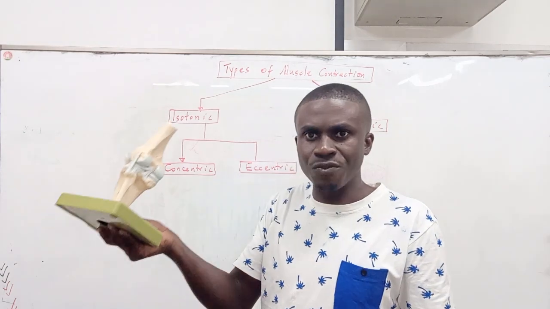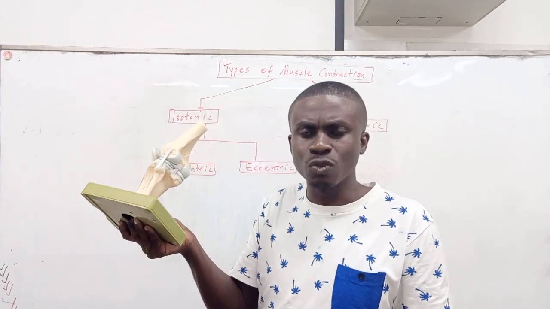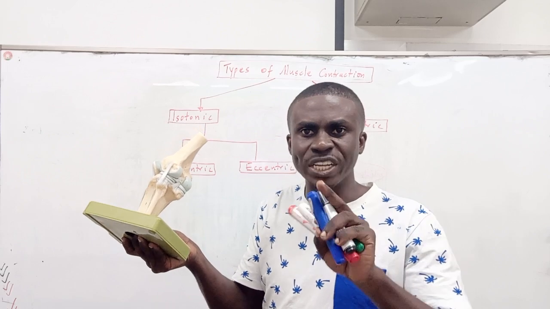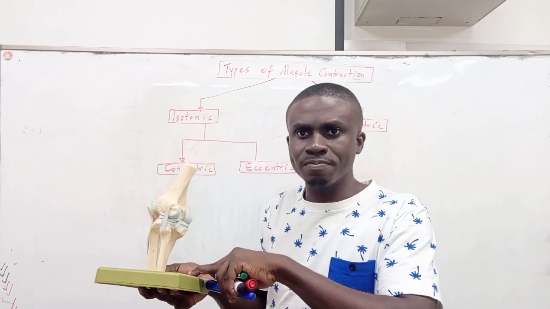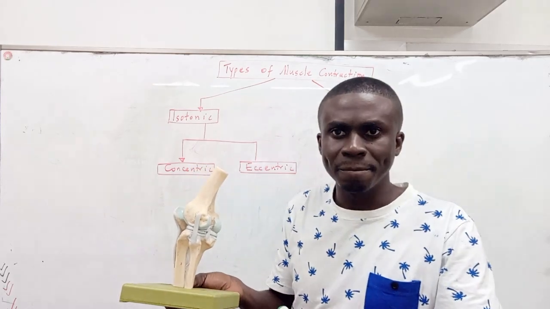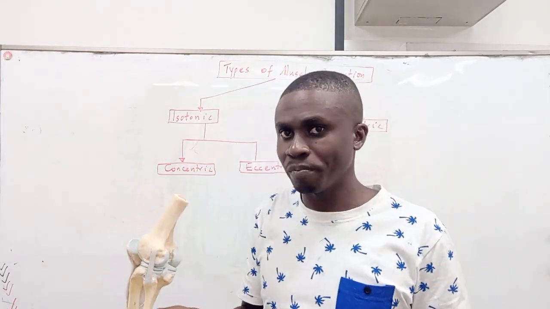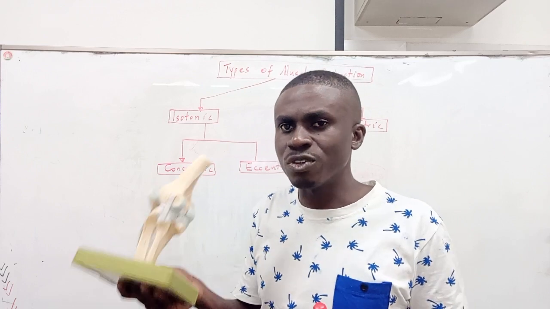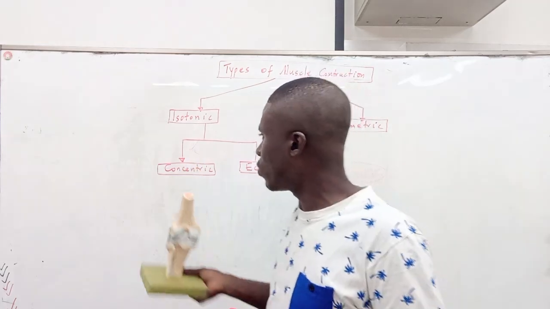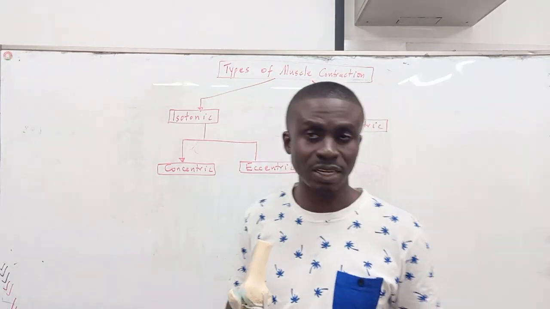So, of course, I've raised it. So what have I done? In situations where the load is far lower compared to the effort you can maximally apply, I'm applying minimum effort. For this reason, this becomes an example of concentric muscle contraction. Why?